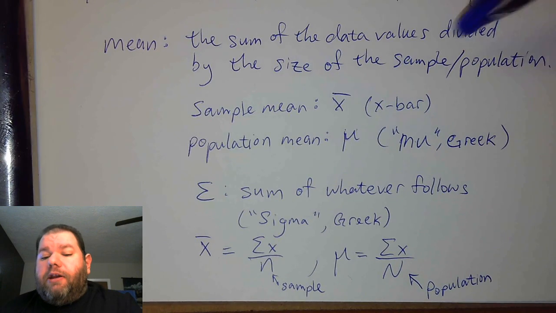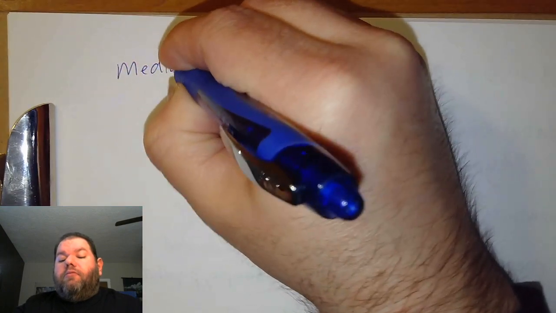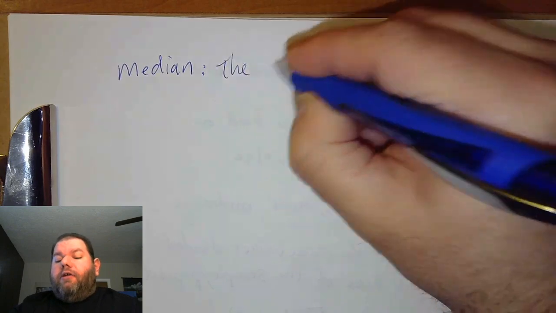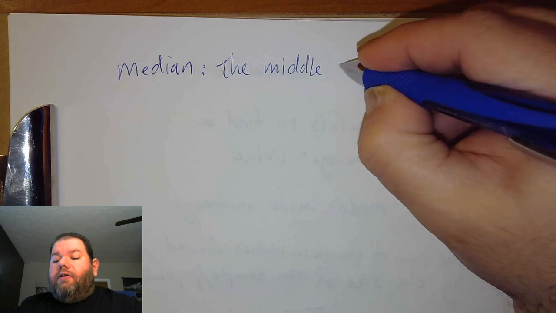We also have the median. Now, median, unlike the mean, doesn't have a lot of fancy notation attached to it. So for the median, this is just the middle value of a data set.